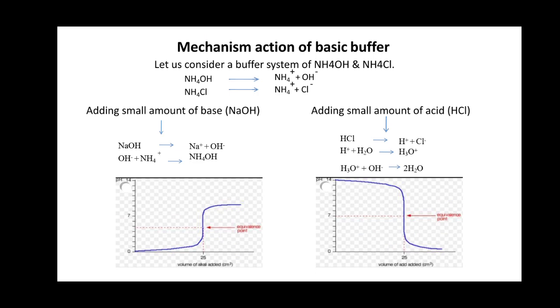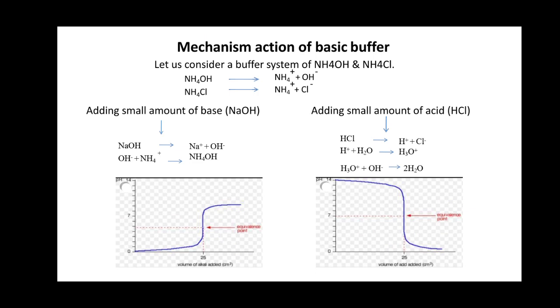So if you come to the basic buffer, the mechanism of action of a basic buffer will be ammonium hydroxide and ammonium chloride. That is, when adding a small amount of a base, that is NaOH, the NaOH as usual gives Na plus plus OH minus, where the OH minus reacts with the ammonium to give ammonium hydroxide.